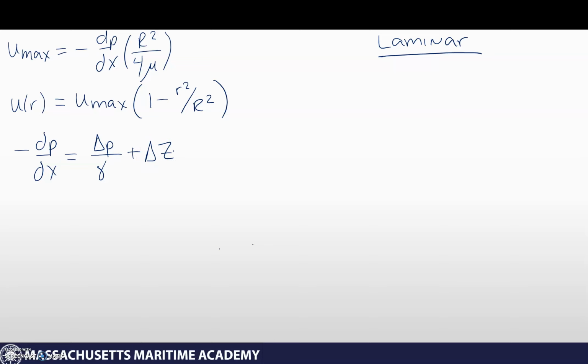That would be the change in static and hydrostatic pressure divided by L, because that would be our change in length. Since we're assuming it is a linear function, all we're really doing is looking at the complete change in pressure and dividing by the complete change in length. Typically, it's easier to write this as dp plus gamma dz divided by L, that way we can have it all in one line.